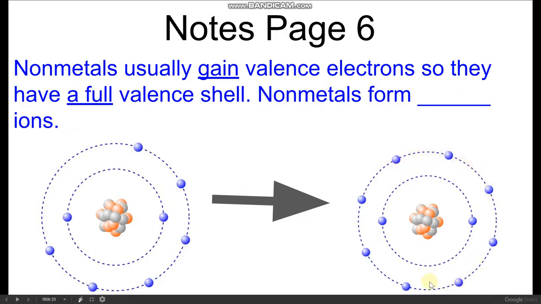So we can see here that this orbital is full of electrons. And because they're gaining electrons, this atom has more electrons than protons. It has 10 electrons, but only 8 protons. Because it has more electrons than protons, and electrons have a negative charge, nonmetals form negative ions.